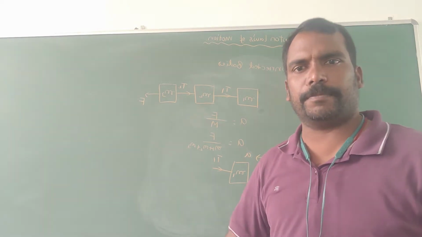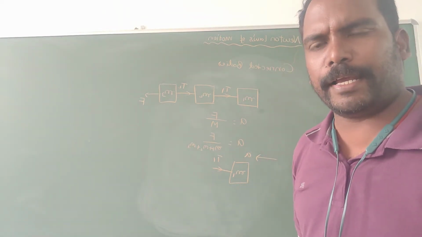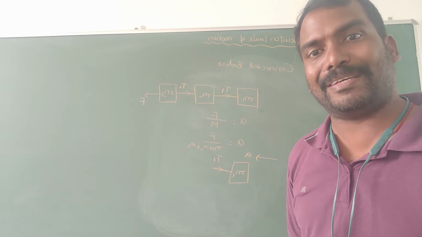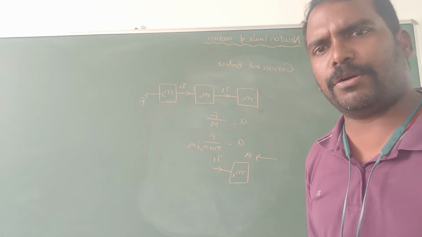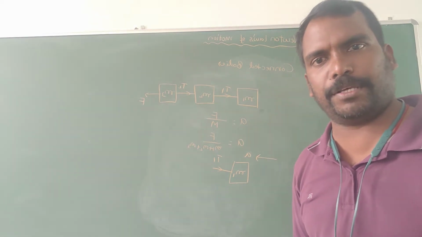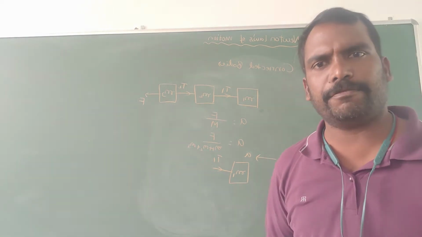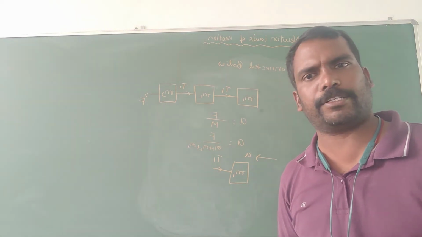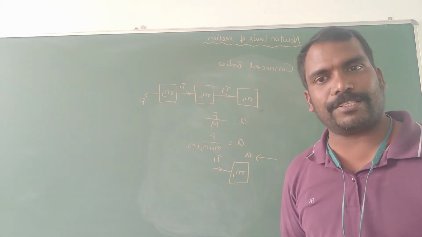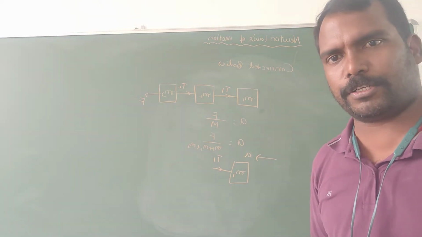It means first we have to choose a system, and while choosing the system we have to choose a frame also. Which frame? Inertial frame or non-inertial frame. The frame which obeys Newton's laws is called an inertial frame. The frame which does not obey Newton's laws is called a non-inertial frame.